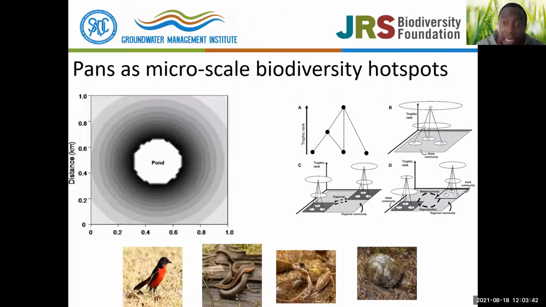As similar to what Kudzai highlighted from his preliminary results, what one observed around the ponds is that there is generally a high biodiversity that occurs.